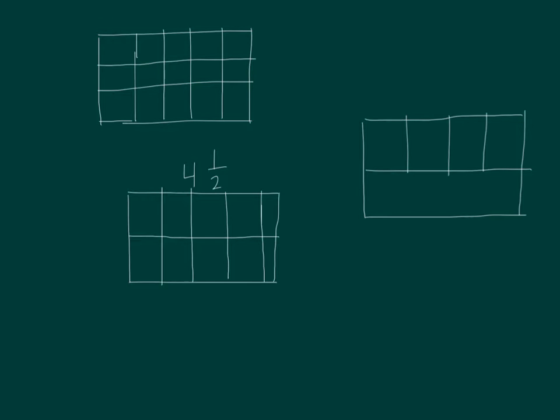To figure out the area of this rectangle, we'll just count the squares: 1, 2, 3, 4, 5, 6, 7, 8, 9, 10, 11, 12, 13, 14, 15. So for this rectangle, it would be 15 square units.